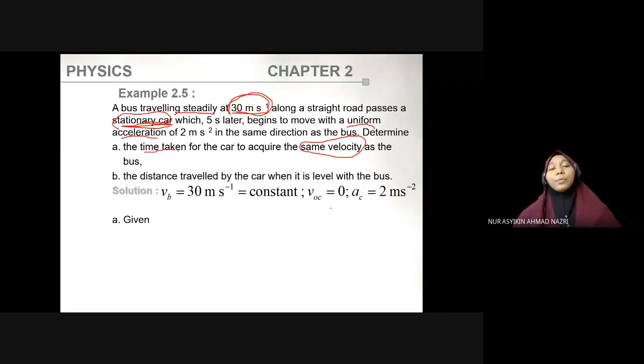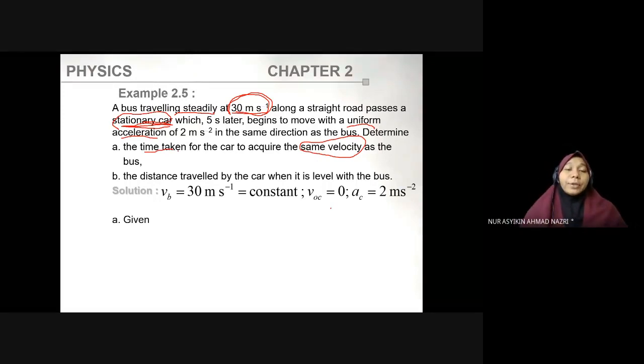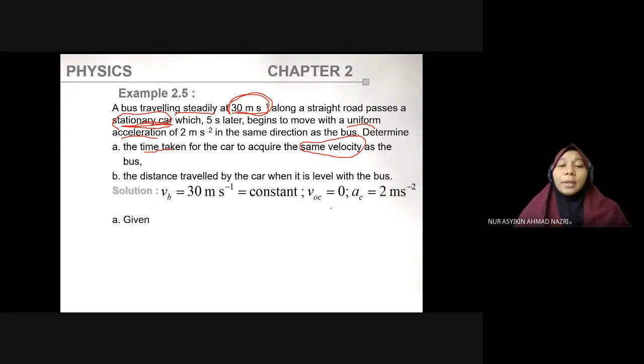So which expression has a stationary car, meaning the initial velocity equals 0.